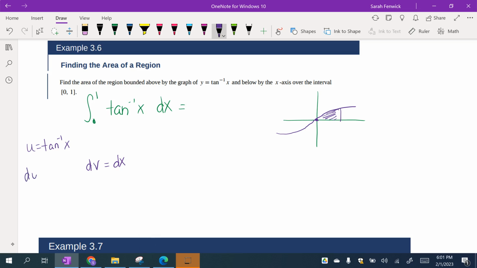So du, if we follow the rule for arctan, is 1 over 1 plus x squared dx, and v is x. So uv is inverse tan x times x from 0 to 1, minus the integral from 0 to 1 of v times du.